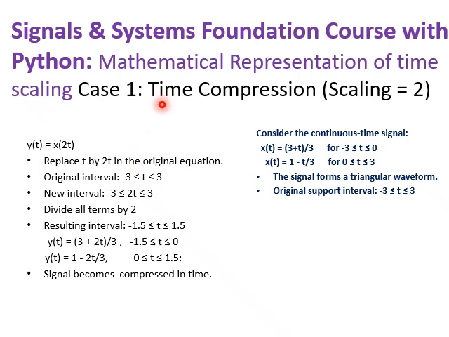So let's have a numerical example, and we say we want to scale the signal by a factor of 2. This is along the time axis. So say the original signal is x of t, so its scaled version will be x of 2t, because we are scaling it by a factor of 2.